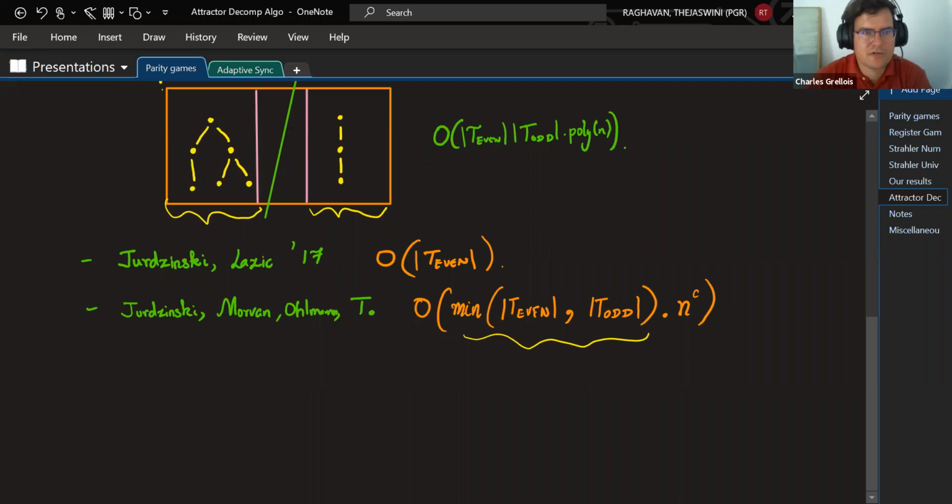Are there other questions? Maybe I could ask then. Thanks for the nice talk. You explained that in practice the Strahler number is surprisingly low, and this allows you to use smaller Strahler universal trees instead of full universal trees.